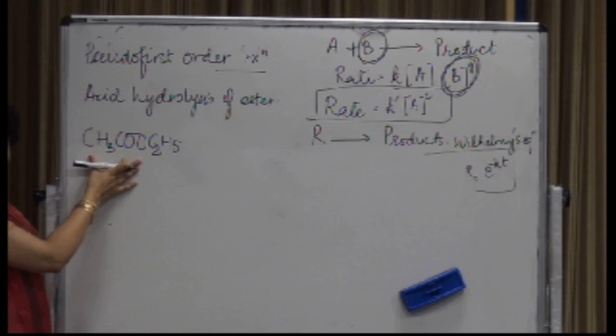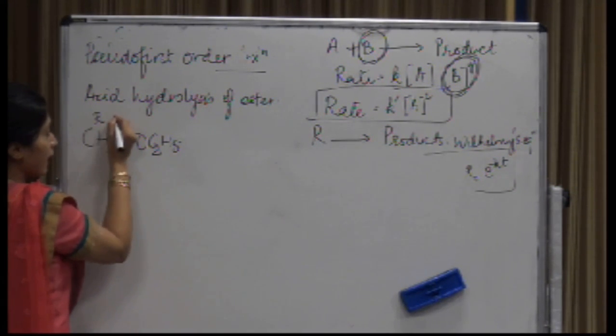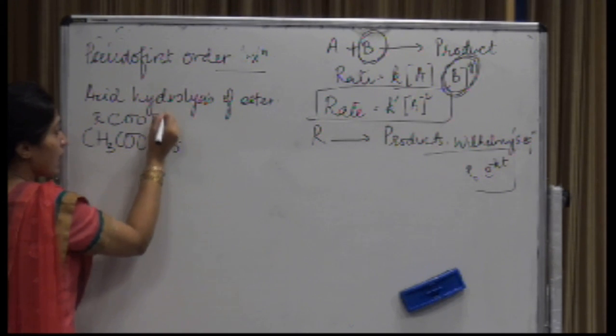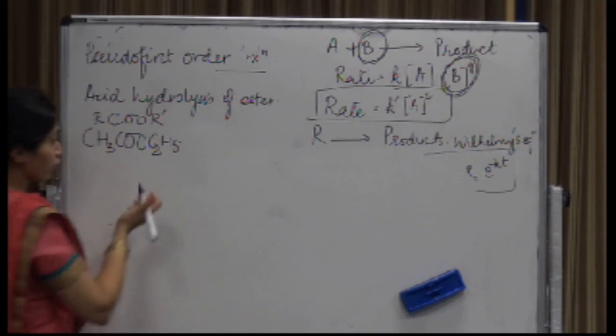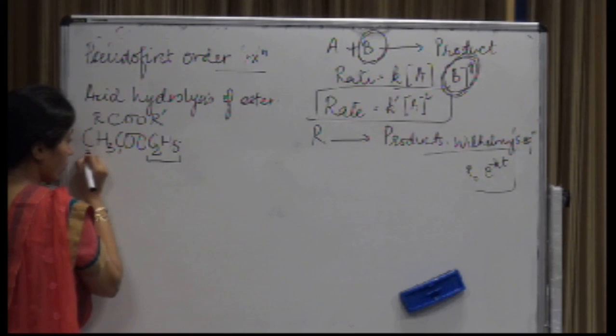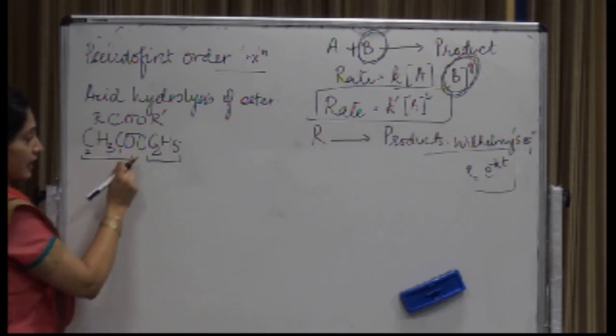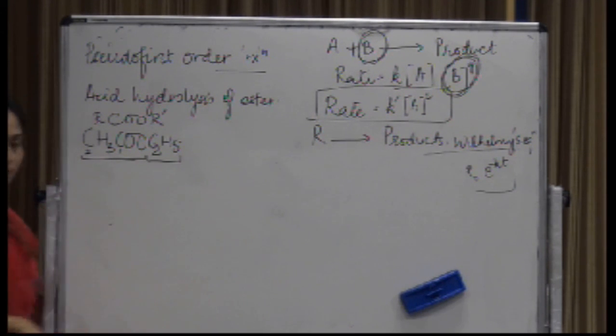This is an ester. Esters are of the type RCOOR dash. This is a group, RCOOR dash. Correct? You will be studying it in organic chemistry also.